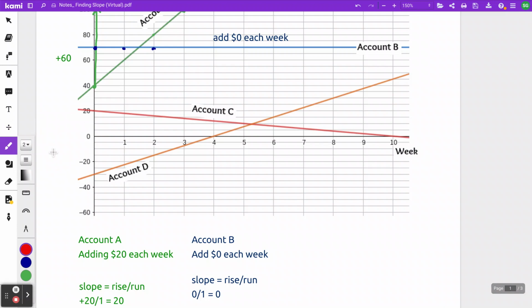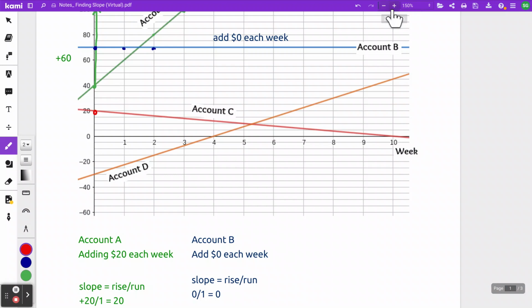For account C, it can be a little trickier because I see 1 point here, but when I go to week 1, it's not quite clear where it is. And that's because that line is going through the middle of a box. It's going in between those 2 graph lines. When you're trying to find slope, it's good to pick a really clear point on your graph.